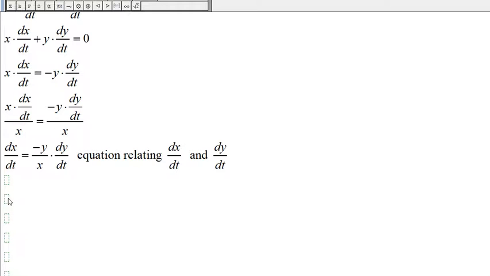And now suppose we are given that the rate of change of x with respect to time is 2 feet per second.